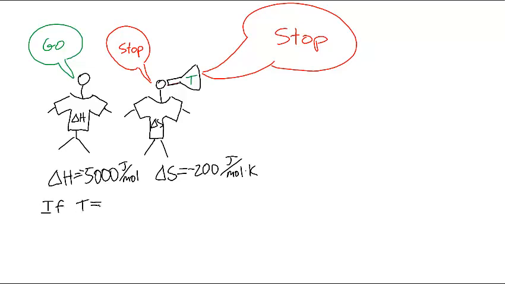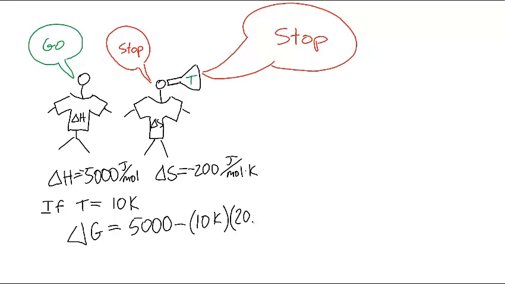If T is 10 Kelvin, delta G would equal 5,000 minus 10 Kelvin times 200 joules per mole Kelvin. So 5,000 minus 2,000 would be positive 3,000 joules per mole.